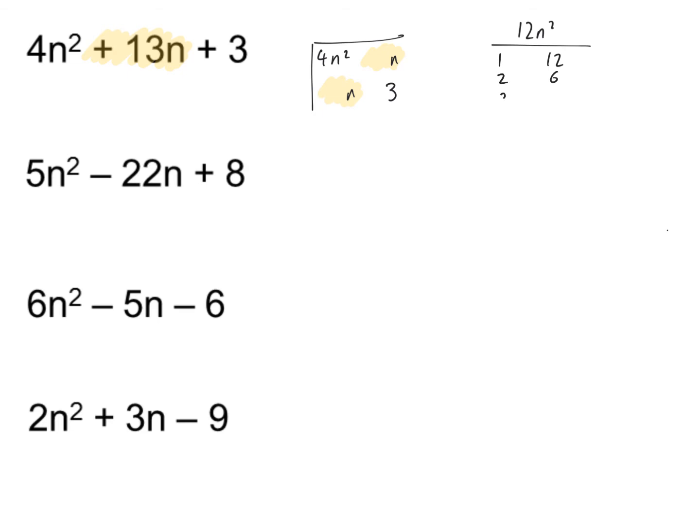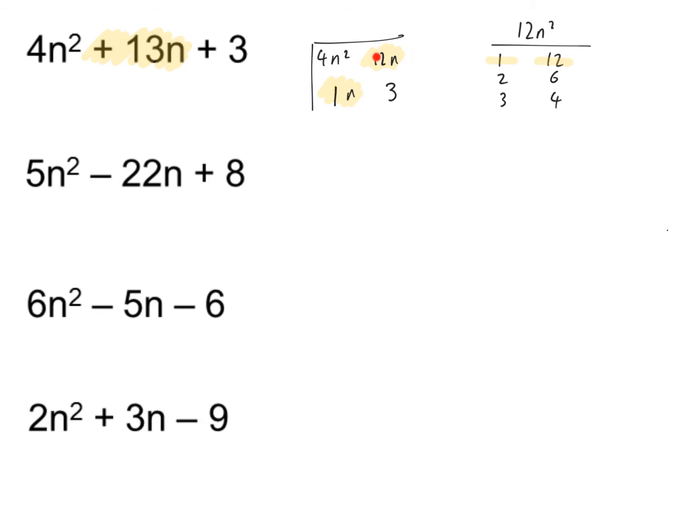I'm dealing with one of these combos here. 1n plus 12n gives me 13n. So that is my first pair right there. That's my correct pair right there. Everything's positive in this grid, so I can start pulling out factors without worrying too much.